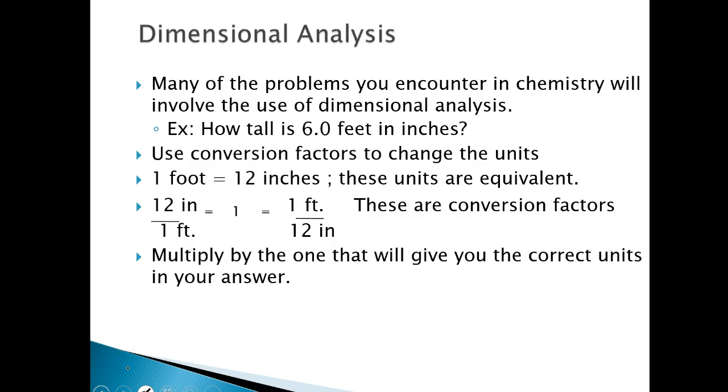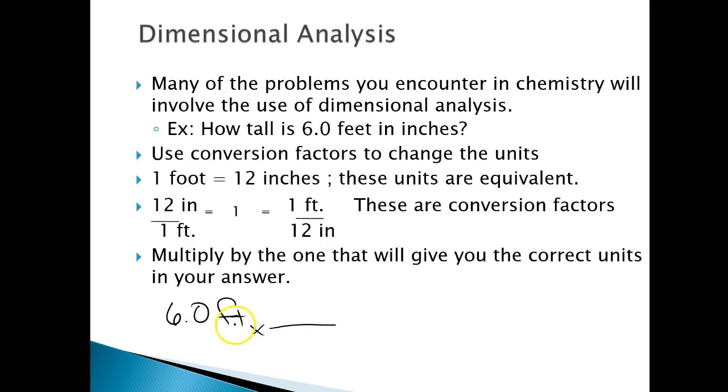In chemistry, this is something you're just going to have to get in the habit of doing. You start by always writing down the number and the unit I give you. Okay? It is okay to abbreviate. Sig figs I would keep. So 6.0 feet, and you're going to multiply by one of these conversion factors to get rid of the word foot and convert into the word inches.